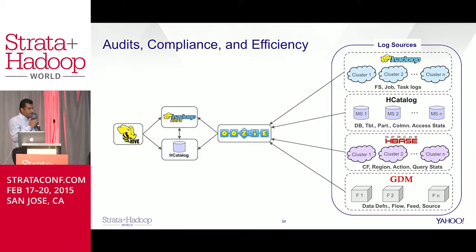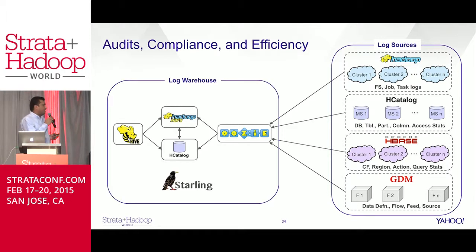So if you want to look at who looked at what type of data at what time, it's very granular. You can go to the nth level of detail in terms of auditing the platform. We call that warehouse styling, which is a separate system in its own right. But what it does is allow you to audit and satisfy any form of compliance requirement that may be imposed by different agencies that would come around.